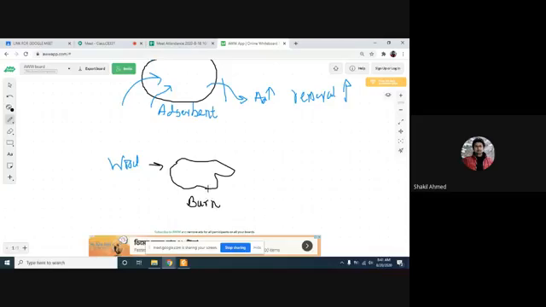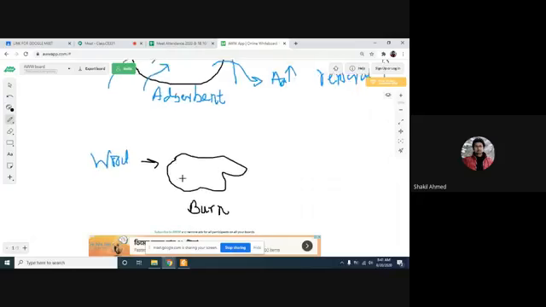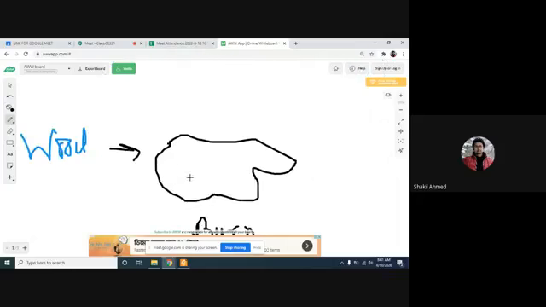Okay, then what would happen? This wood has several volatile organic matter here. Okay, so they will burn out, and you'll see there are different pores. Pore, pore. These are pores.